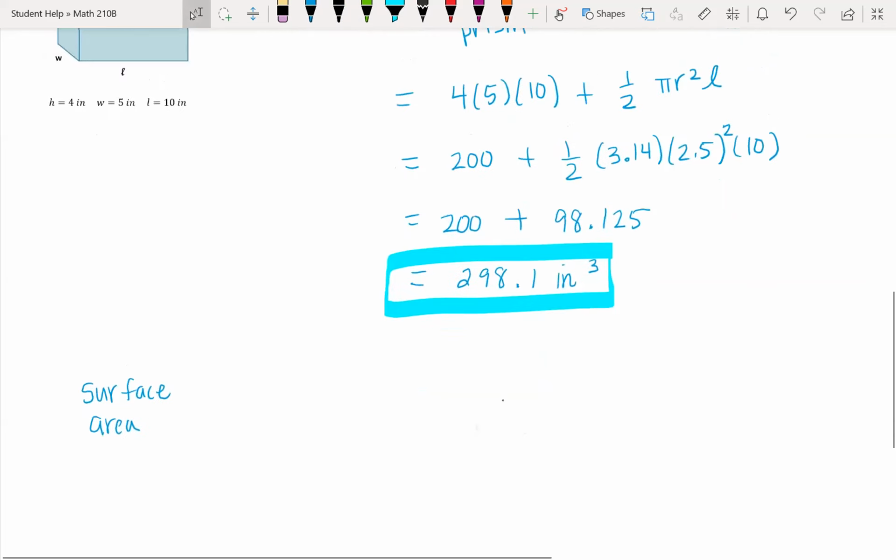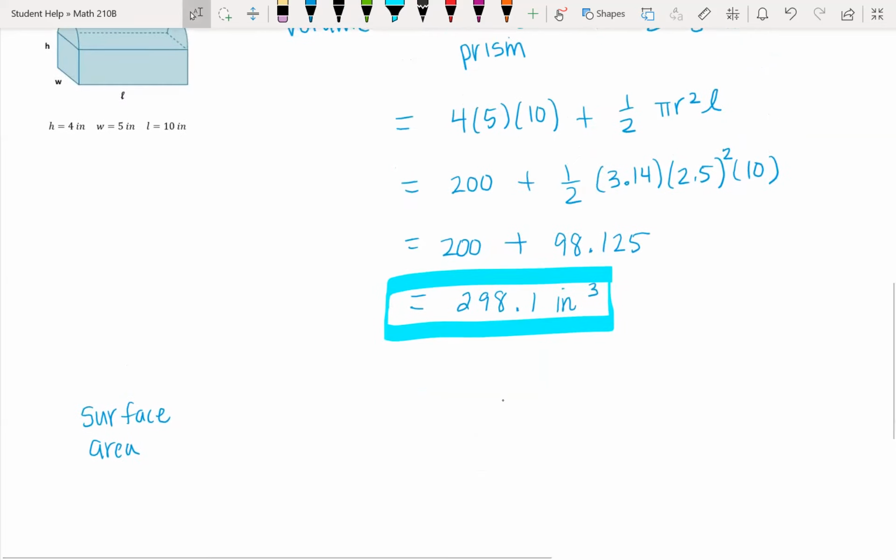So if we think about the bottom of the shape, I have two of the items that are front back, right? This would be H times W. I have two of those. Or I guess those would be the two sides based on the way this is.